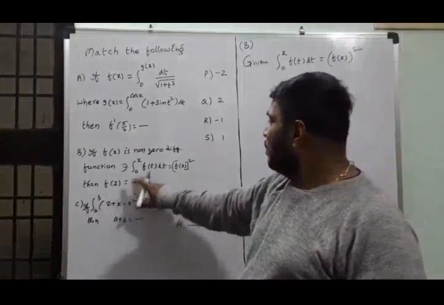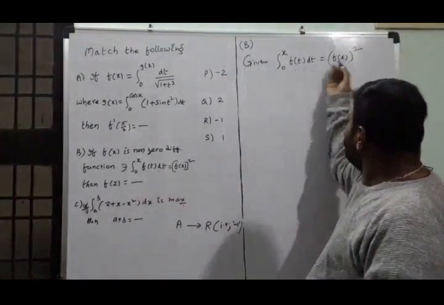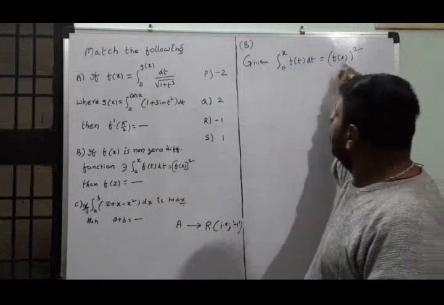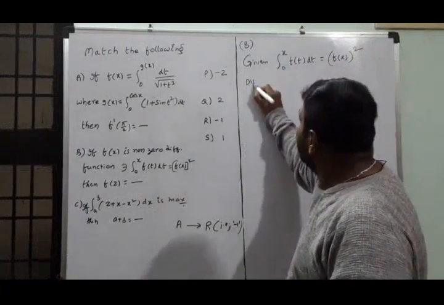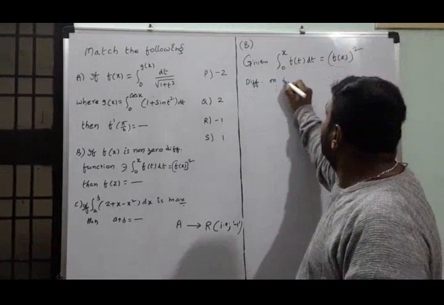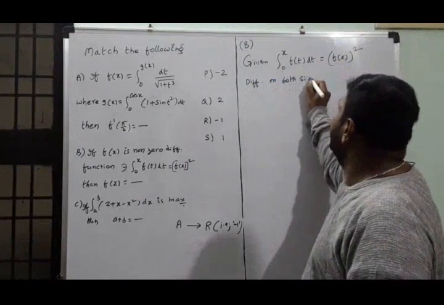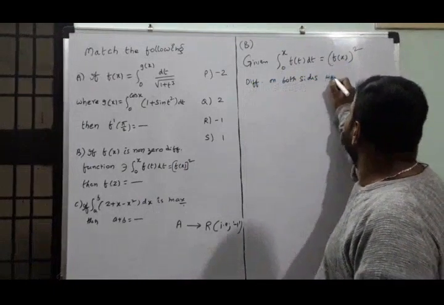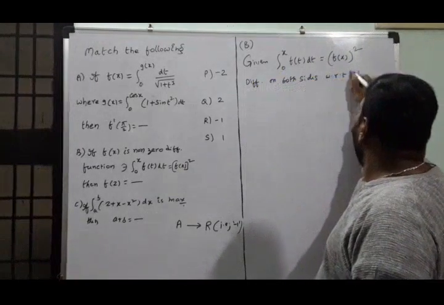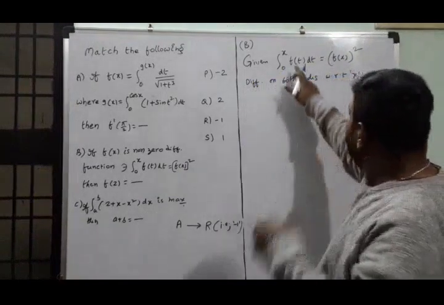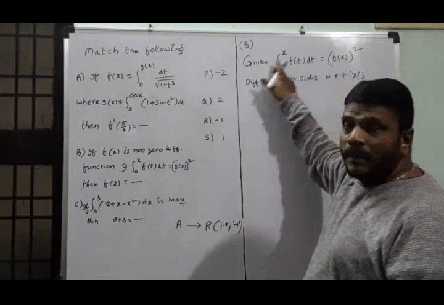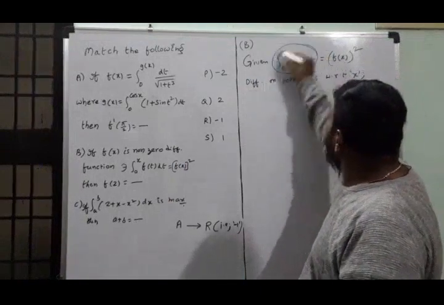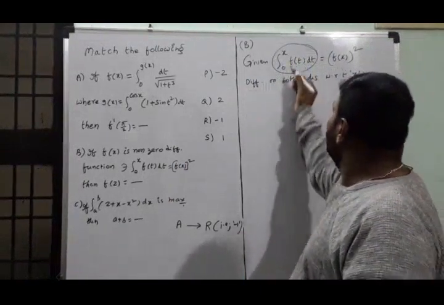Okay, so differentiate both sides with respect to x. Then by applying the Newton-Leibniz rule, what is the derivative of the left hand side?